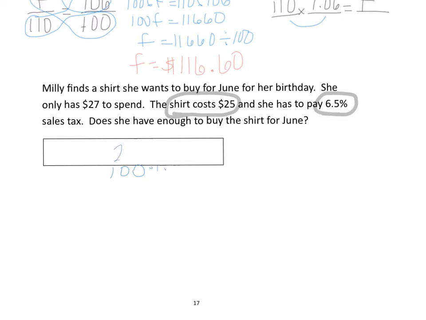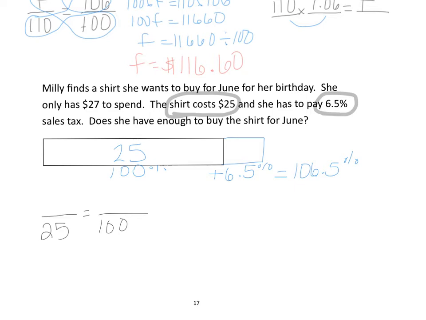And the cost of the shirt is $25. You have to add on tax, which is 6.5%. This means that she is paying 106.5% of the cost.